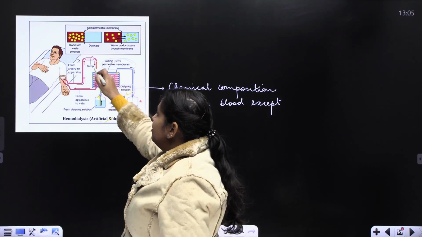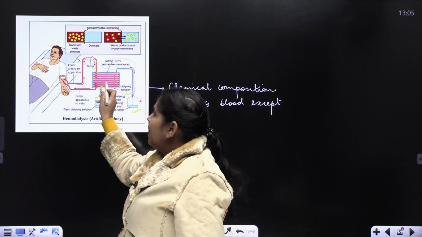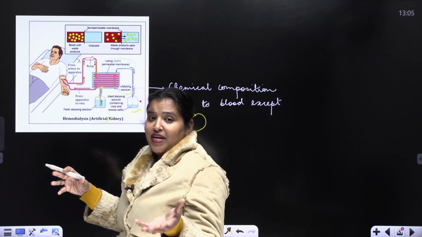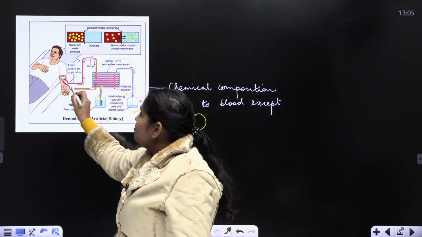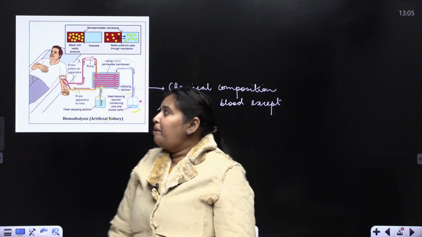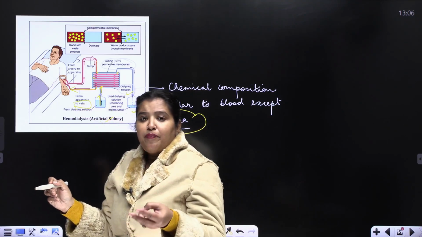Once the nitrogenous waste has been removed from the blood, this blood is sent back from the dialyzing chamber into the patient through a vein. So it is a two-way procedure.